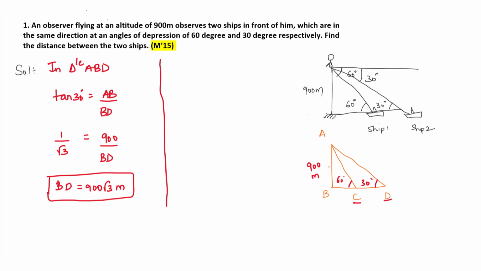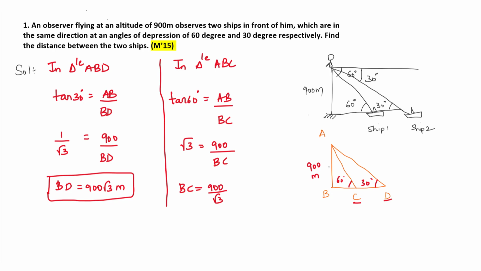Next, taking triangle ABC, we have tan 60 as opposite is AB by adjacent is BC. Tan 60 is root 3, AB is 900 by BC. Hence BC is equals to 900 by root 3 meter.